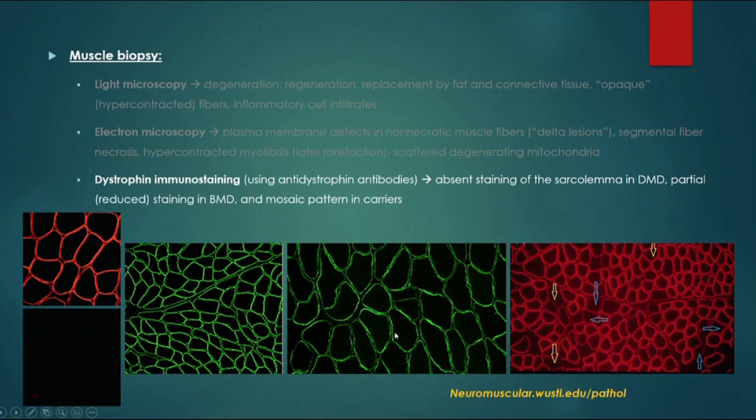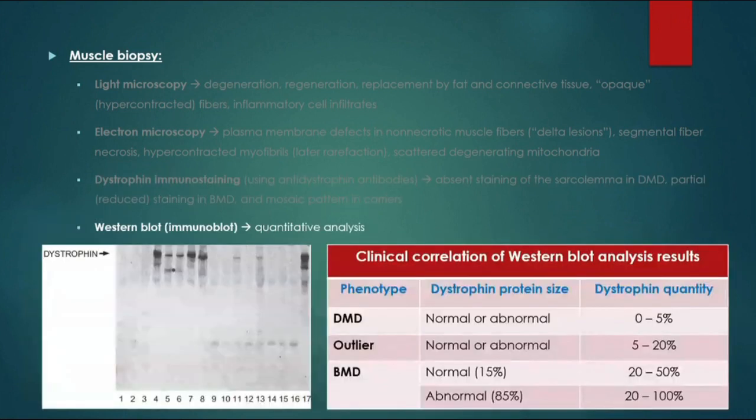And here there is partial staining of the muscle in a Becker muscular dystrophy patient. And this is showing mosaic pattern in carriers, where some of them are normal, some show complete absence of the staining, and some are partial staining. So different spectrum of disorders can be inferred from dystrophin immunostaining as well.